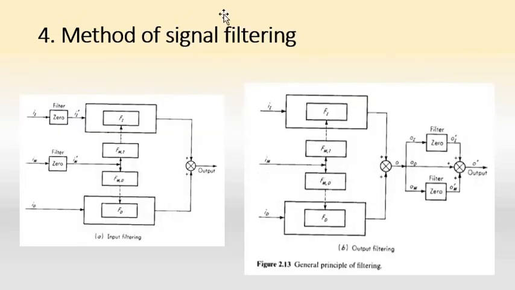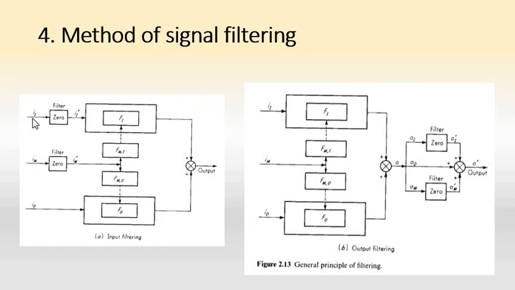Next method of signal filtering. The next method is the method of signal filtering. By this method we will just filter out the unwanted input. Here you can see this method is input filtering. Here we will keep a filter in both the interfering input as well as the modifying input.